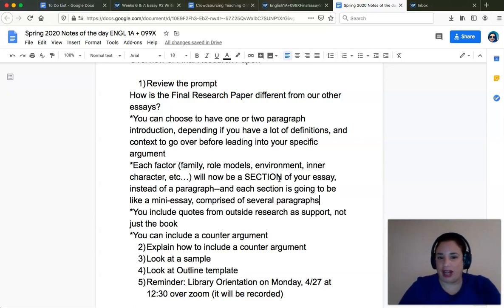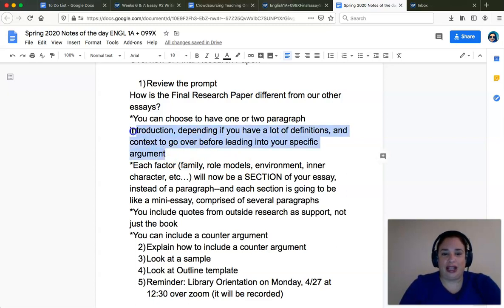So if it was a shorter essay, you would just do 1 paragraph about family and 1 paragraph about role models. But now you're going to elaborate and expand, and it's going to become a section. So you might just explain and analyze how family was important for the author, how family was important for the other Westmore, and then also bring in how family affects all of us with your research. So it might be 3 paragraphs. Okay, so it becomes a whole section.